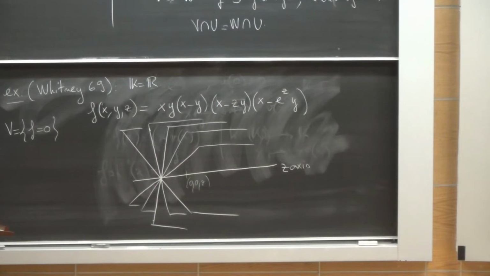And because the map is a linear isomorphism, the cross ratio is preserved. In particular, these 2 cross ratios will be preserved, and what is important here is that Z and exponential Z are algebraically independent. There is no algebraic relation between them because the exponential is transcendental. Okay?